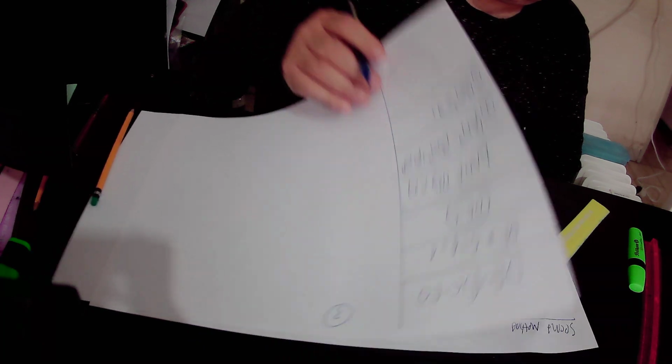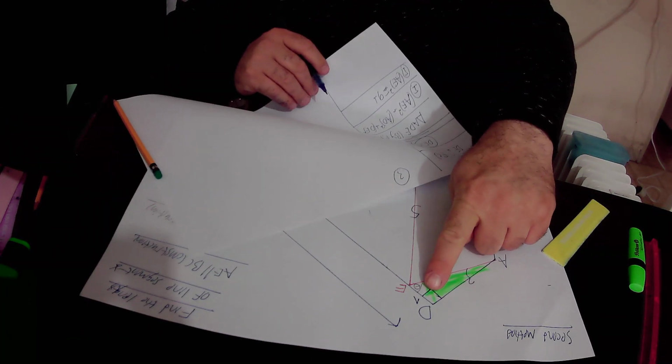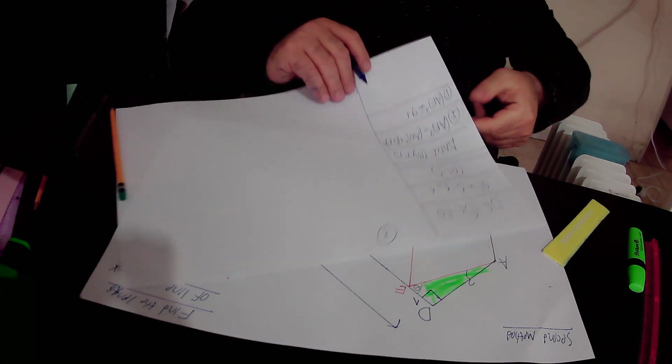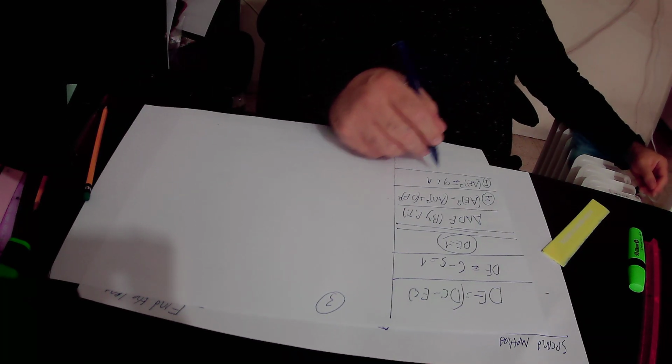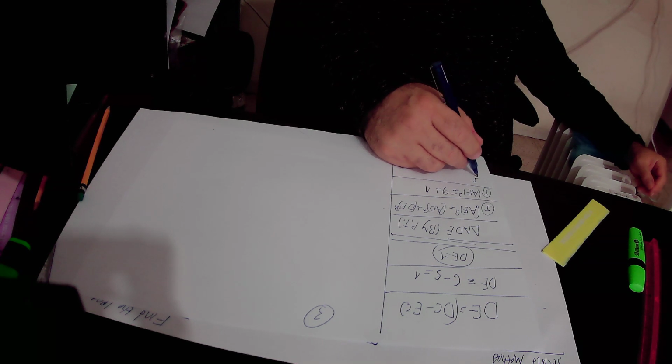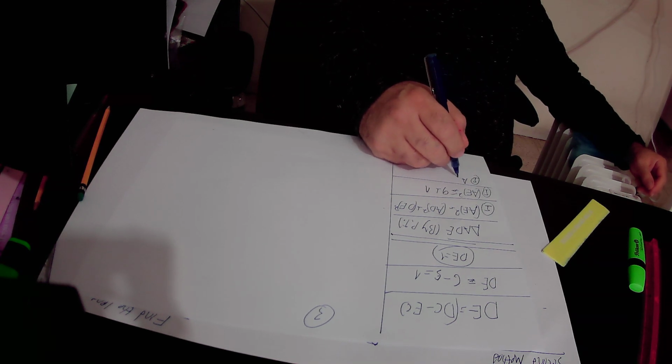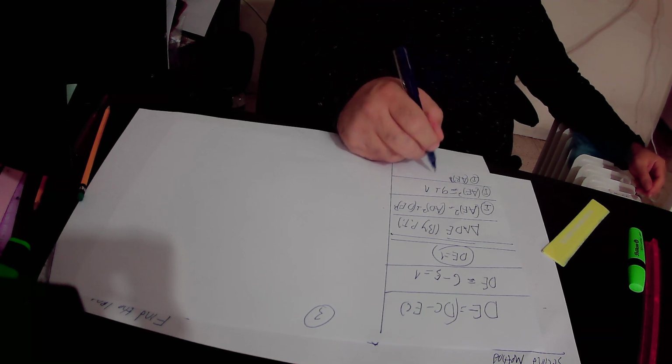Plus DE squared. DE equals 1 unit, so DE squared is 1 squared, that is also 1. So in conclusion, according to equation number 1, AE squared equals 9 plus 1, that is 10.